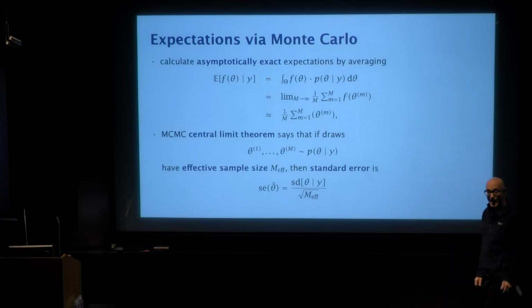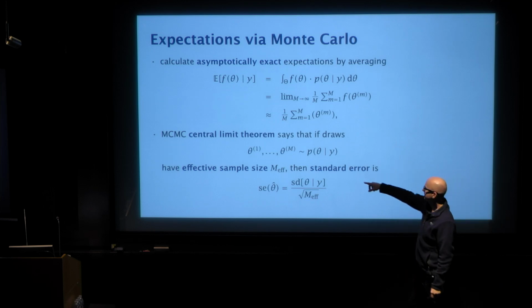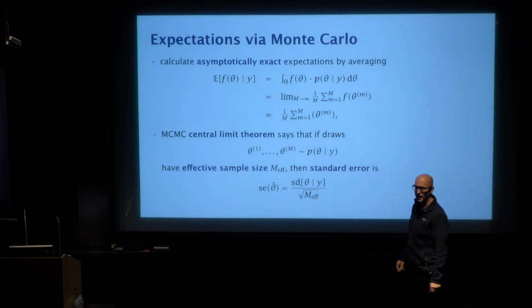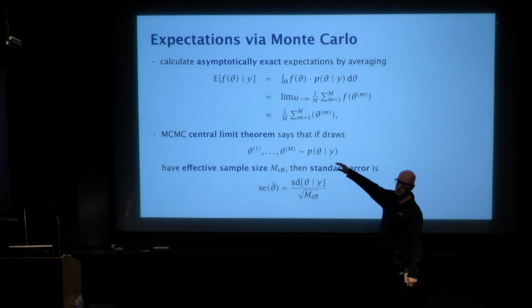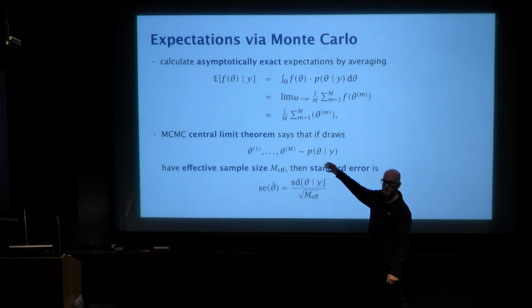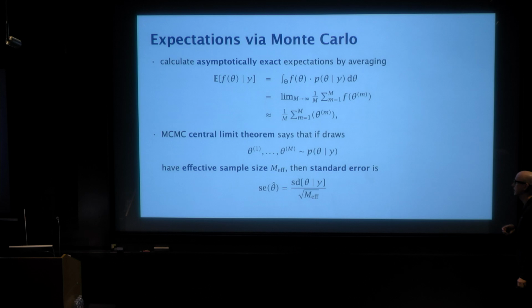That's going to be asymptotically exact as we take infinitely many samples, M. Just averages where these theta 1 through theta M are a sample from the posterior. These are draws from the posterior. They don't have to be independent draws, but they have to be identically distributed from the posterior, which is why MCMC can work as well as Monte Carlo methods.